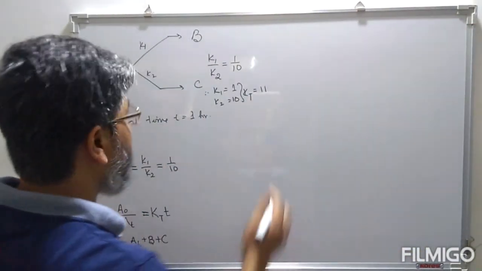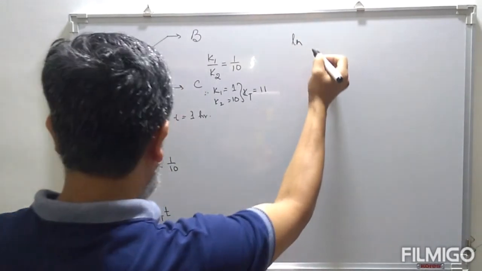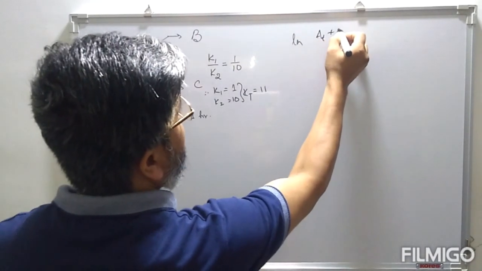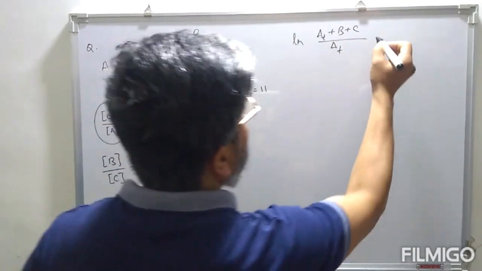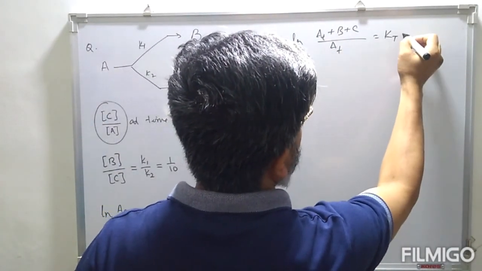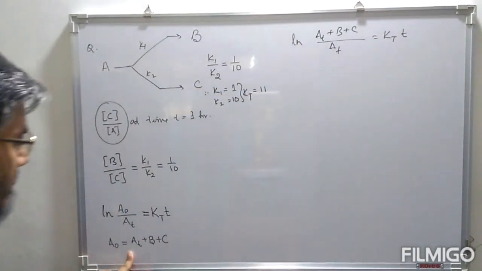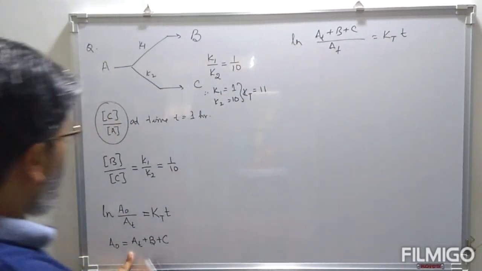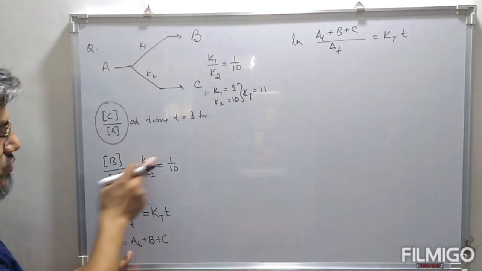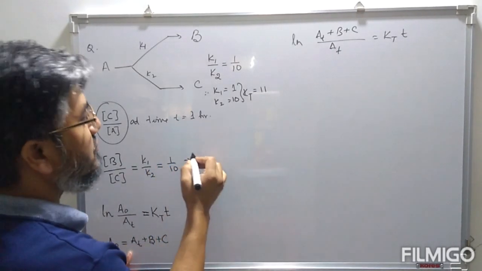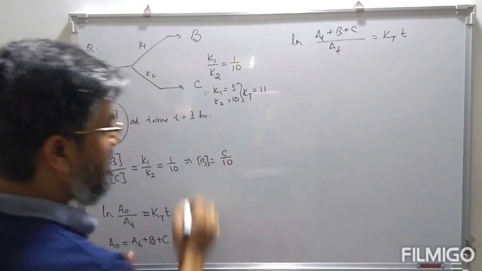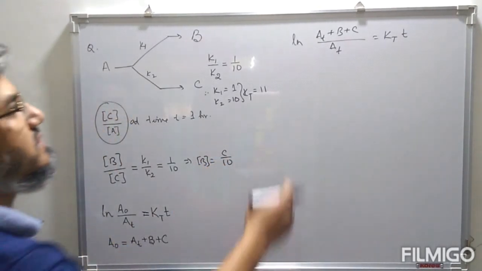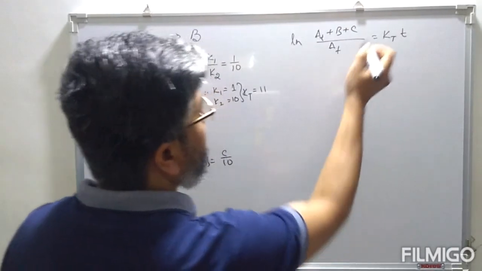So we have ln of At plus B plus C divided by At, which is equal to Kt into t. Now we also have B by C as 1 by 10. So the concentration of B at any given instant is equal to C by 10.